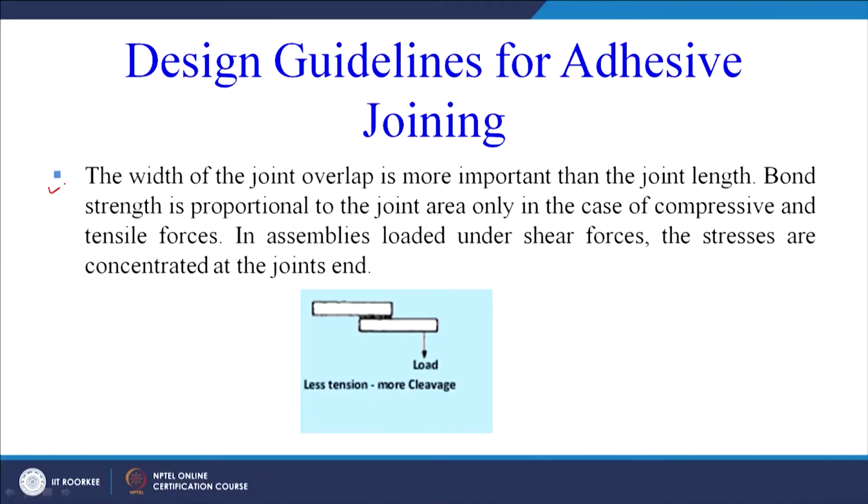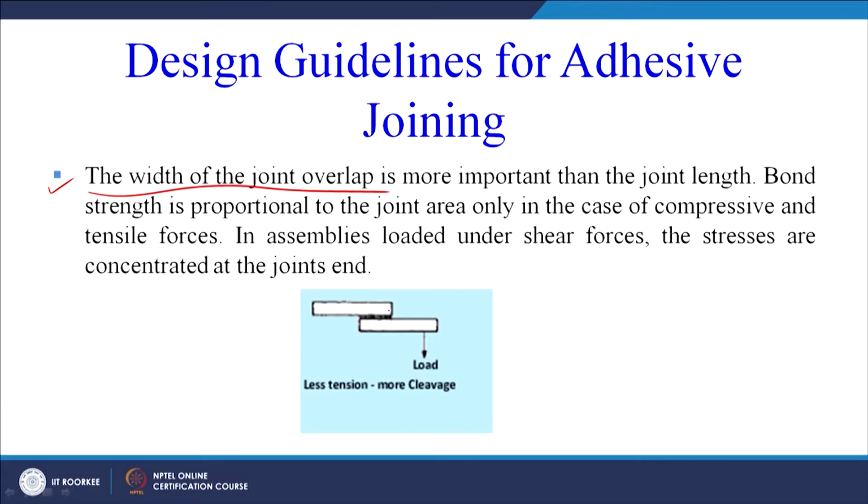We have seen peel and cleavage stresses are going to have an adverse effect on the product. So we must design the part in such a way that peeling off or cleavage is not developed during loading or in service during the product usage. So the second point is the width of the joint overlap.